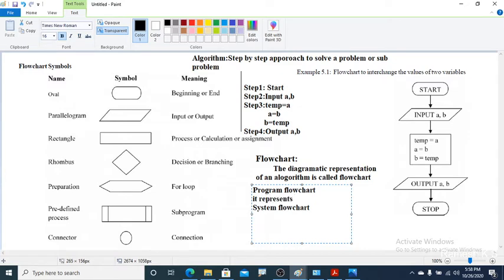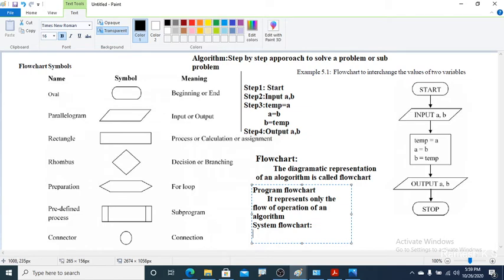It represents only the flow of operation of an algorithm. This is a flow of operation, it only represents. This is a program flowchart example.